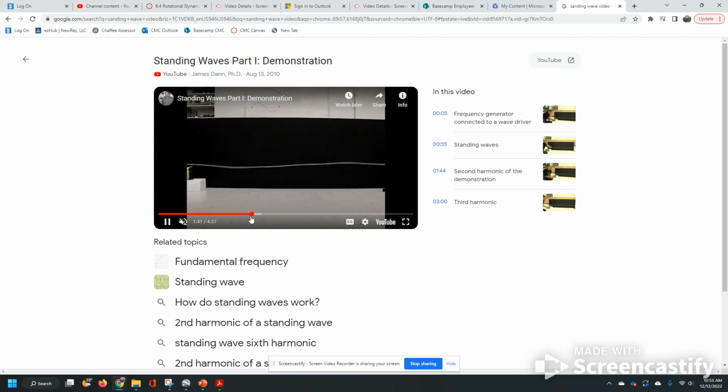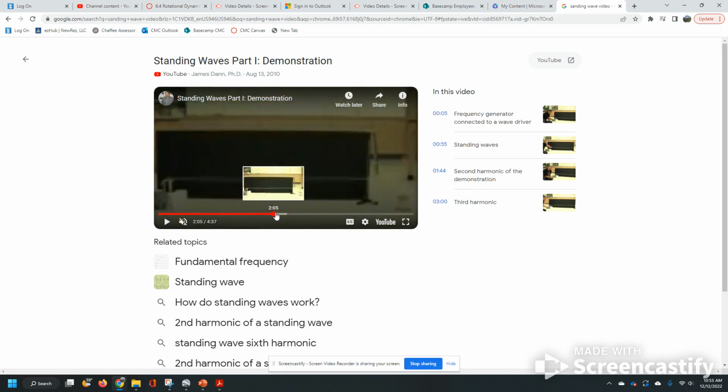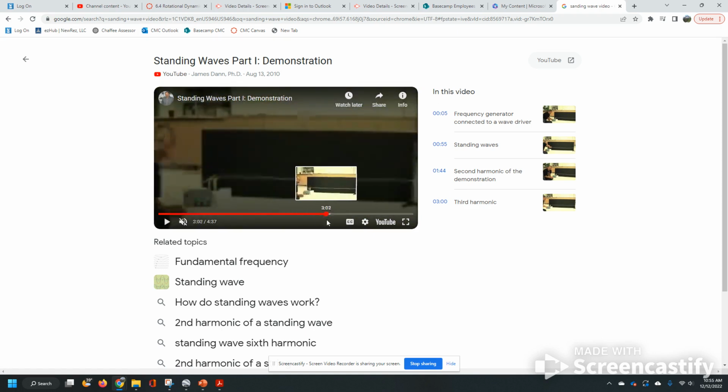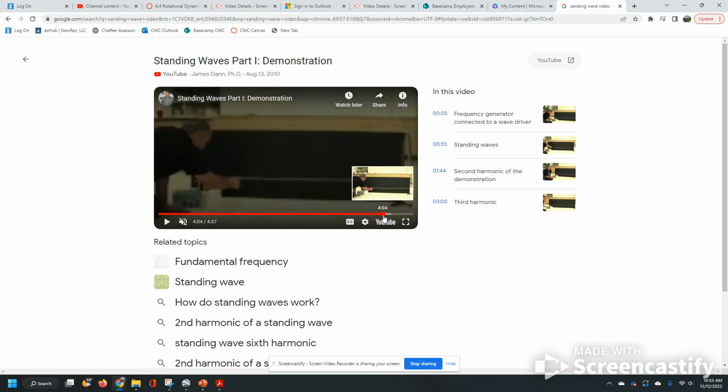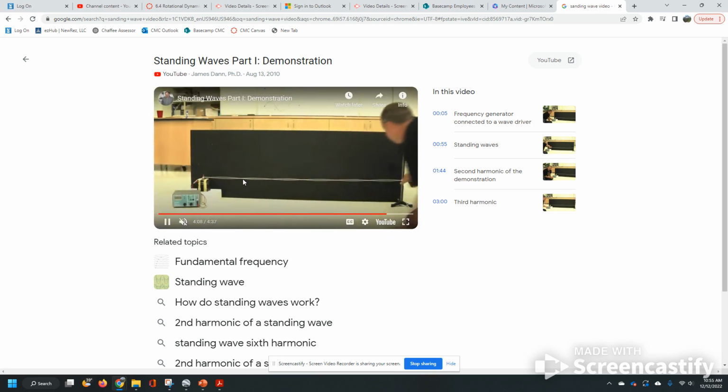There we go. So there's a video of a standing wave that's got a node at either end and then 2 antinodes. Okay, and then here's one where it's vibrating faster and it's got more nodes and antinodes, but it appears to be stationary. That's what I wanted to show you.